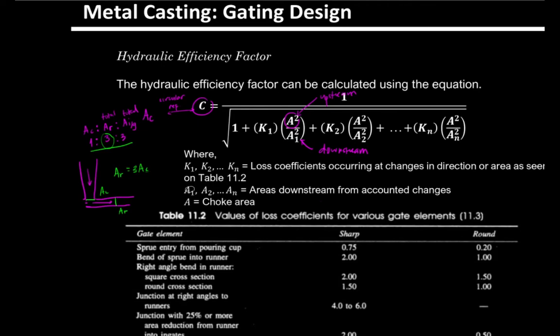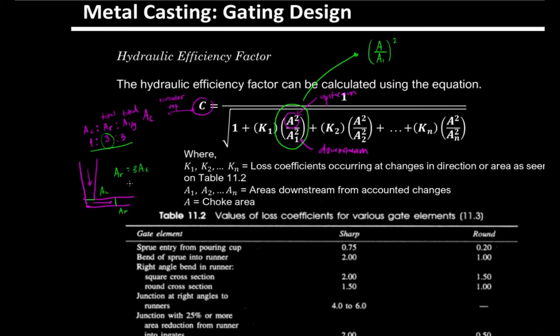Okay, so let's take the example again and simplify it. We have a single runner from that down sprue, so if we establish this gating ratio, the runner area is equal to just 3 times the choke area. If you take this term, we can simplify it as A_C over A_1 squared.